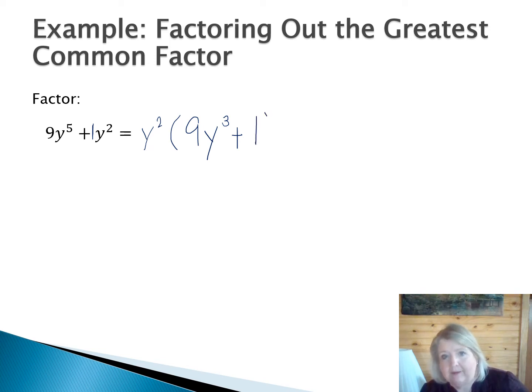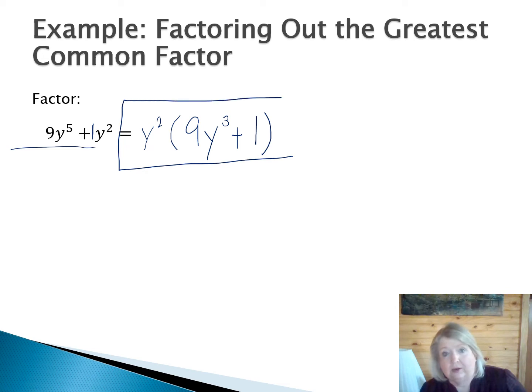Please, if all of your variable becomes a 1, you must then express the 1. Do not leave it out. y squared times 9y cubed is not equal to this whole thing. It's just equal to 9y to the 5th. So be sure, if you divide out the entire term, that you do express that 1.